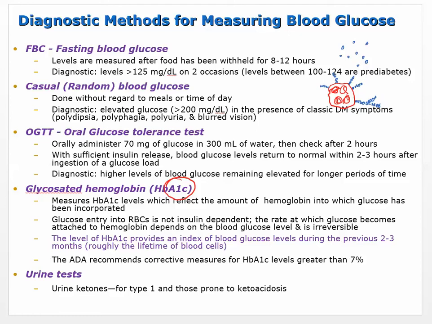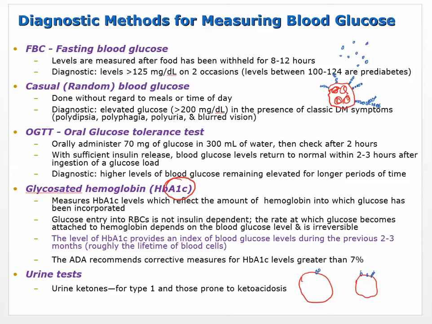So if your blood glucose levels are consistently high, you're going to have more glycosylated hemoglobin, more glucose stuck to it. Since red blood cells last 3 or 4 months, the red blood cell that was produced yesterday doesn't have very much glucose on it. It hasn't had much time to build up. But those that are a couple of months old are going to have a bunch.